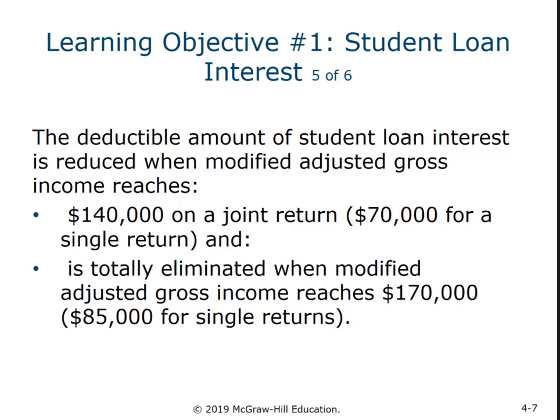This is a situation where if your modified adjusted gross income, and obviously without considering the student loan interest, is $140,000 or less, then you can deduct the $2,500, and it phases out gradually up until you get to $170,000. And you can see the numbers for the single return as well. So we have a joint return and a single return, not allowed for those filing separately, married filing separately.